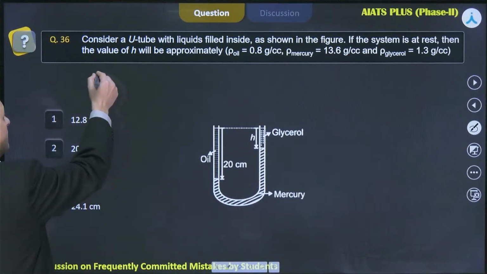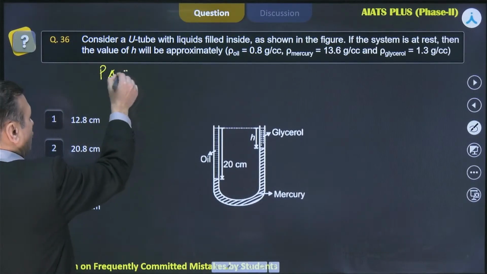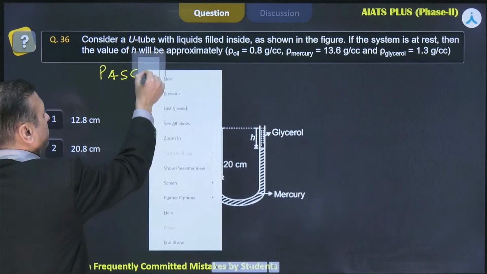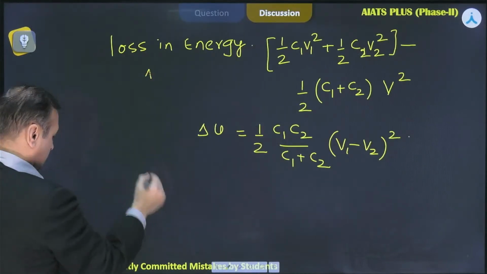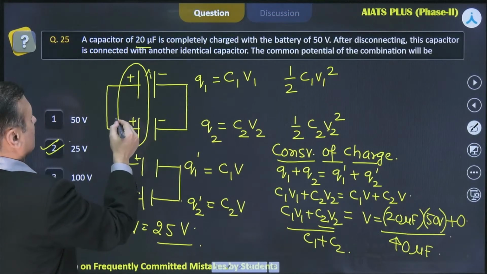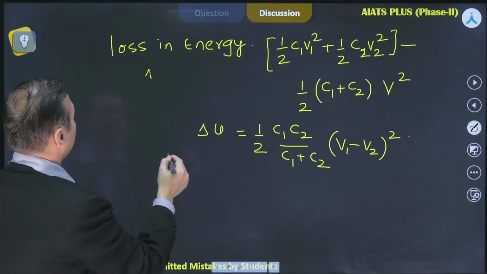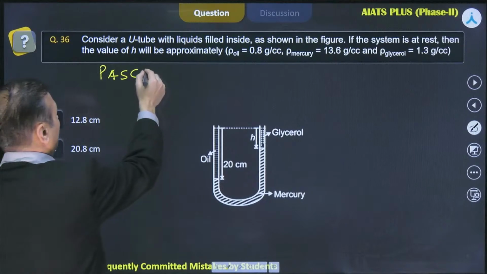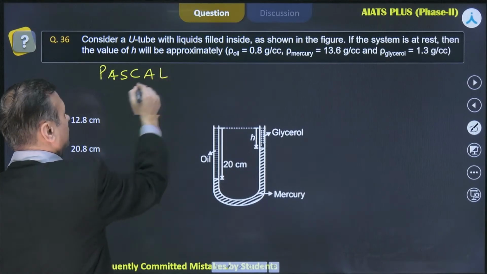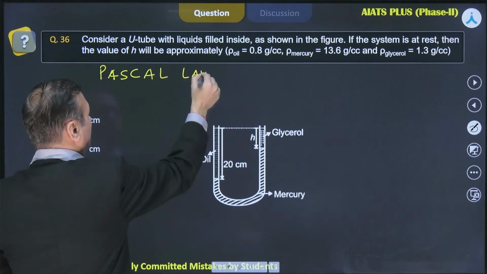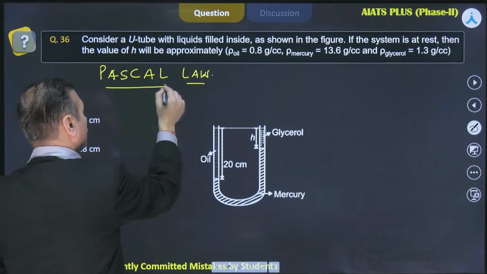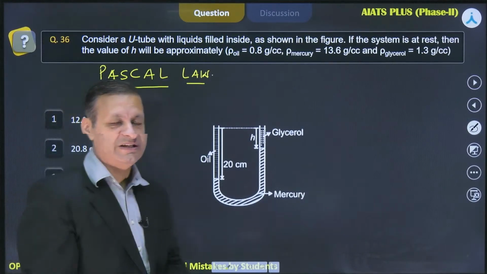So this is based on your Pascal law. So what does Pascal law say?